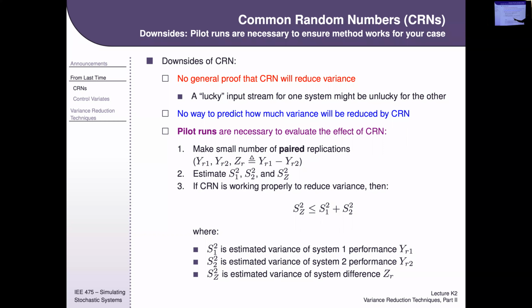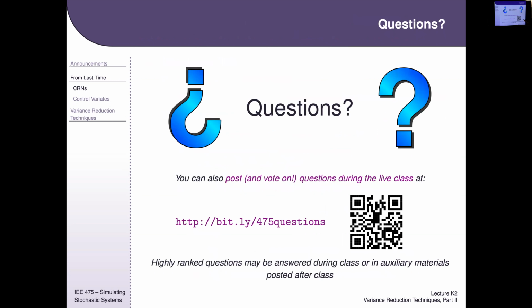If the variance of the differences between the models with common random numbers is greater than the sum of the variances, then in that case, maybe I should just use independent replications because I'm not picking up any benefit by coupling their inputs together. All right, so that's common random numbers in a nutshell.